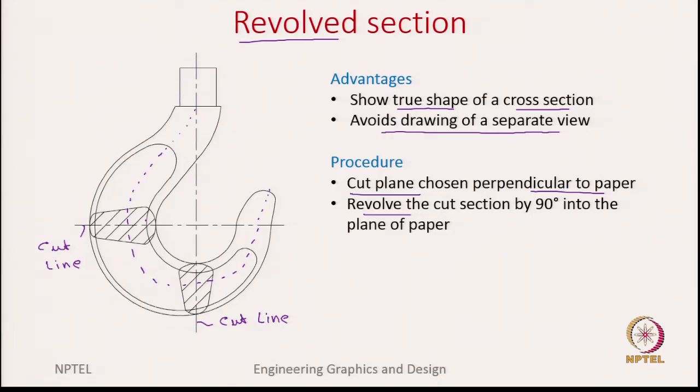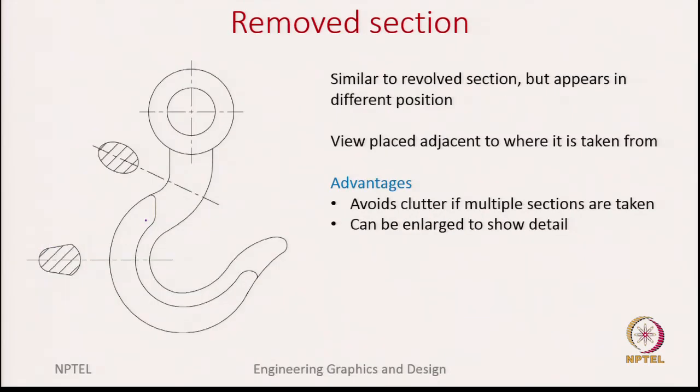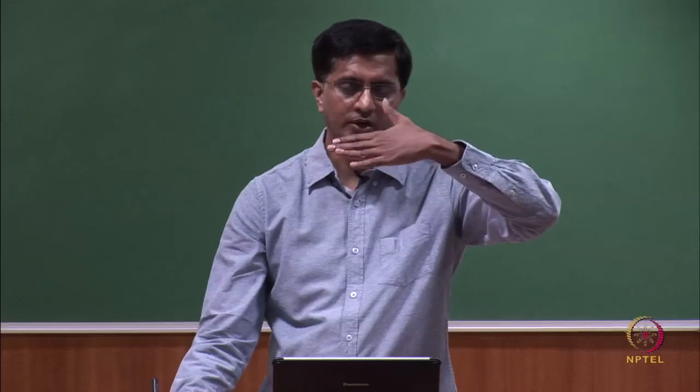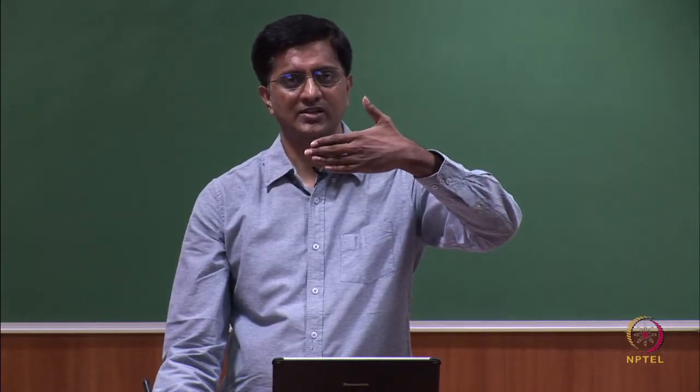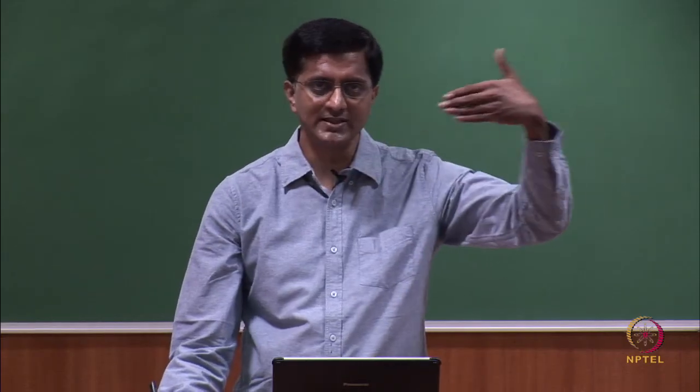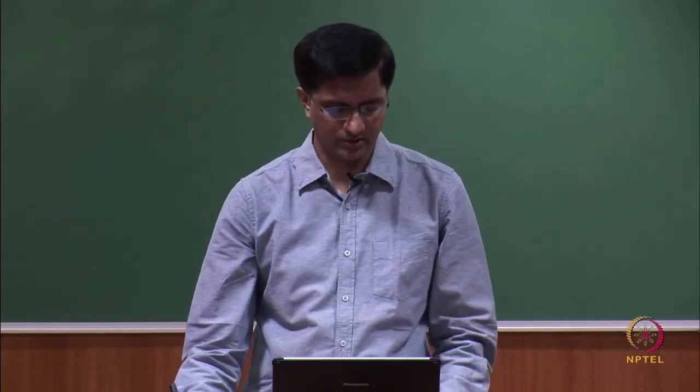So, next what we see is a slight variation to this, which we call removed sections. As I already said, this is similar to the revolved section. The only difference is, previously after you rotate, you do not change the position of this section, but now we are placing it a little away from the object.